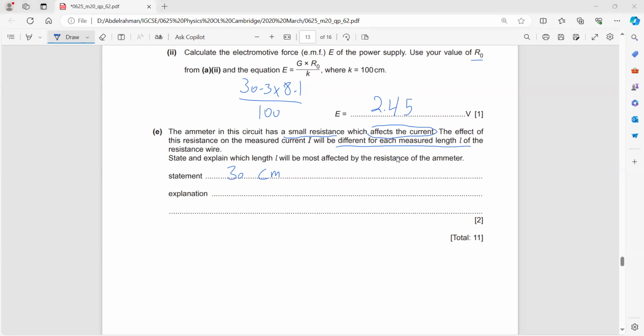Why? Because it would have the greatest percentage error. It is a proportion.